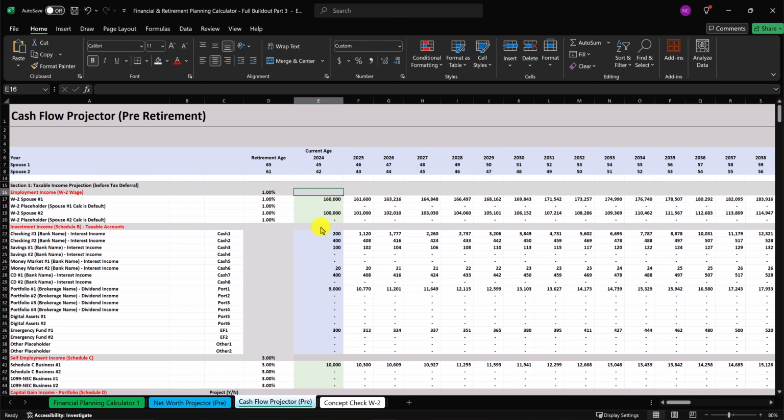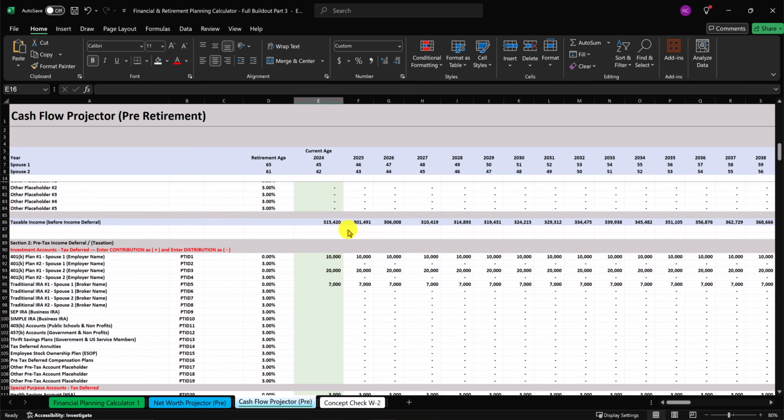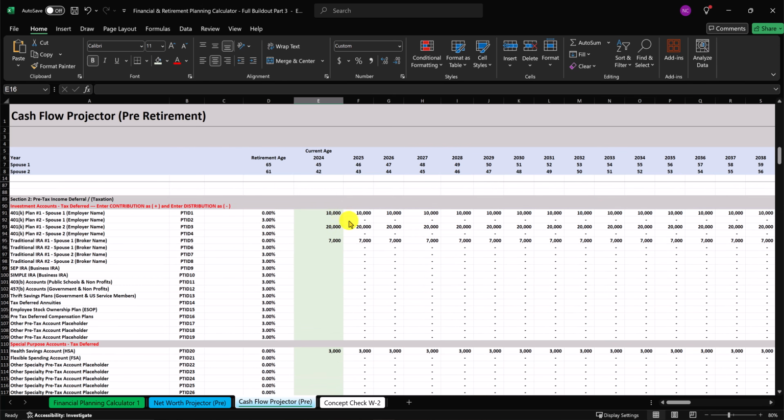All right, so if we have the full $260,000 gross or stated salary showing up right here, how do we handle the other $30,000 that was contributed on a pre-tax basis? Well, if you recall from what we were discussing in one of the previous videos, if I scroll down here, right here we have a $10,000 contribution to a 401k for spouse 1 and a $20,000 contribution to a 401k for spouse 2.